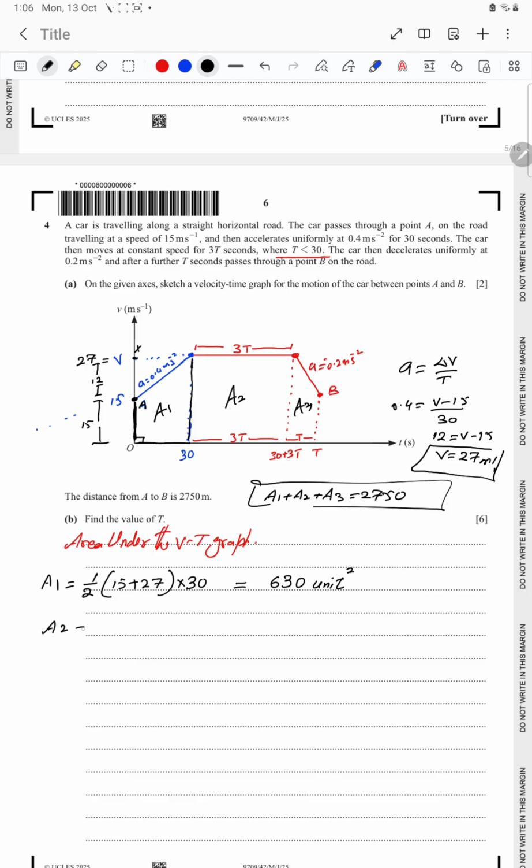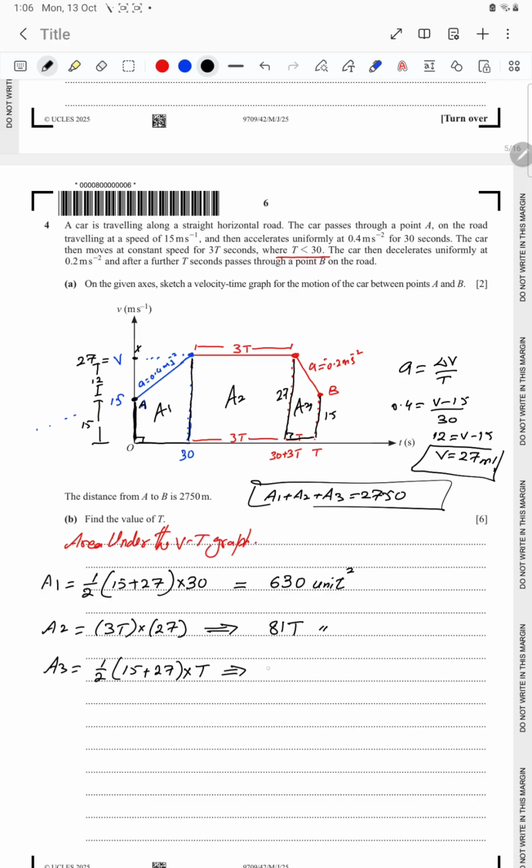A2 is a rectangle, that is length times breadth, 3t times 27. So 27 times 3 is 81t square units. A3 is again a trapezium. So 1 by 2 times the sum of parallel sides, the same as before: 15 and 27. So I can write 15 plus 27 for the sum of parallel sides, and the height in terms of t is t.